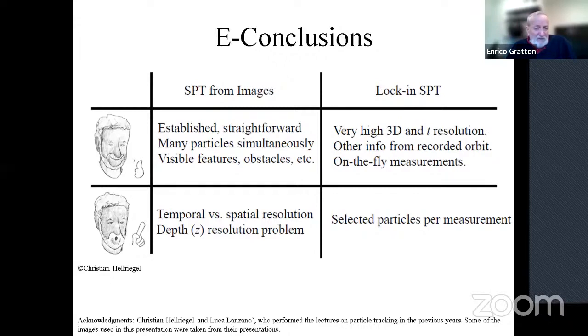SPT for images is well known, but it does not work if you want very fast dynamics of each individual thing. If we do this lock-in single particle tracking, then we have very high 3D and time resolution, and other information from the recorded orbit, for example lifetime, and the correlation function.